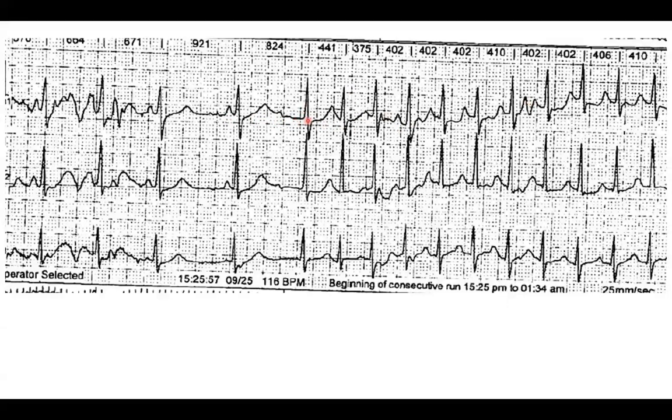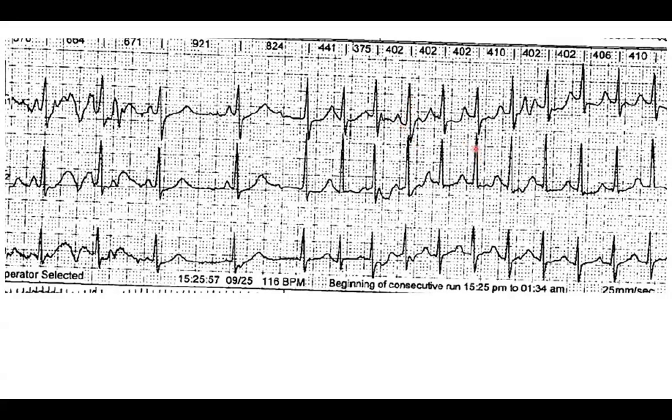Excellent. So when you don't see P waves, and it's a narrow complex, usual QRS tachycardia, it's an SVT. And when you don't see a P wave, what do we call this SVT? Remember, we discussed this before: short RP SVT or long RP SVT, remember? Remember? Well, I forgot.